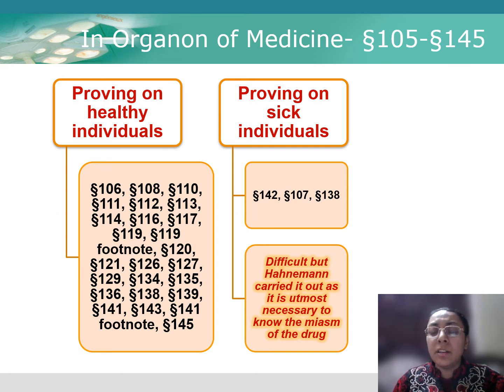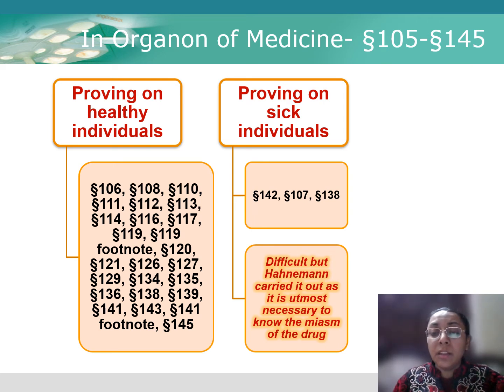Hahnemann says that it is a difficult task to collect the symptoms of proving from sick individuals, but we see that Hahnemann had done this work during his time period. Though he says that it is very difficult and it requires great observation and can be done by masters.